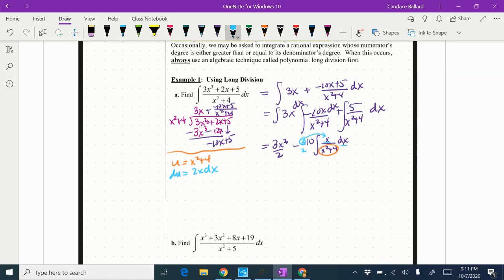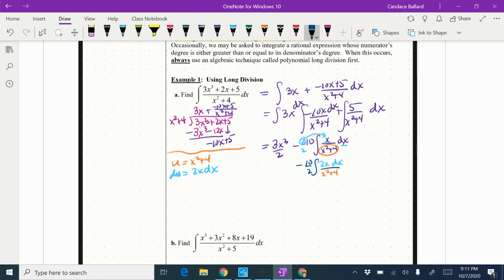So I'm just going to keep working through this middle piece here. As I'm doing the u sub, let me put this back together. So I've got negative 10 over 2, and then the 2 is going to go inside with the x dx. And then we're going to divide by the x squared plus 4. So now we're actually going to do the u substitution.